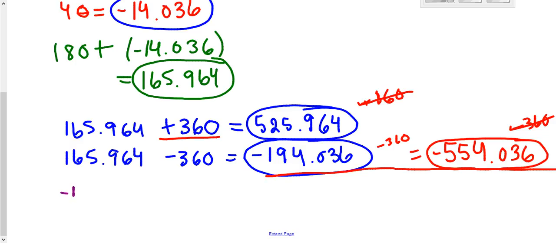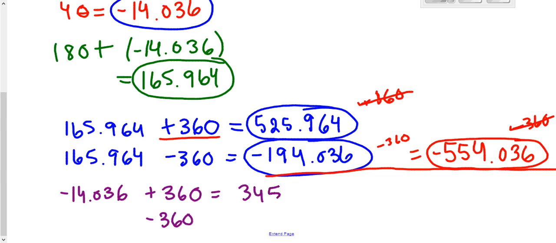We also have negative 14.036, and we can add 360, and we can subtract 360. When you add 360, you get 345.964. And when we do that, that is in our interval, so I'm going to circle that one.